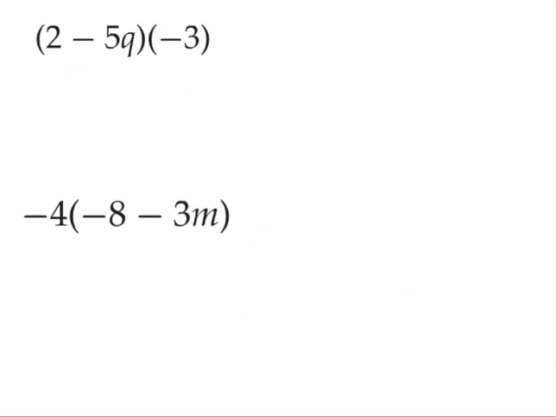Okay, this next one. What's different here? Negative, yeah. And a minus. So here, what I'm going to do is I'm going to take the 2 times the negative 3. So 2 times the negative 3 minus 5q times negative 3.